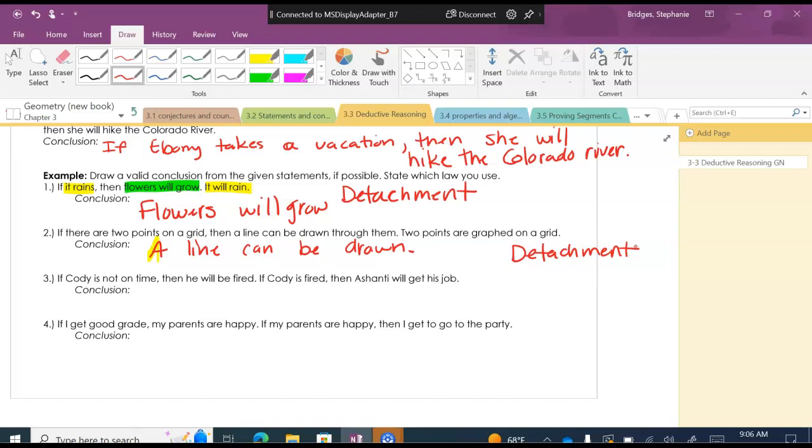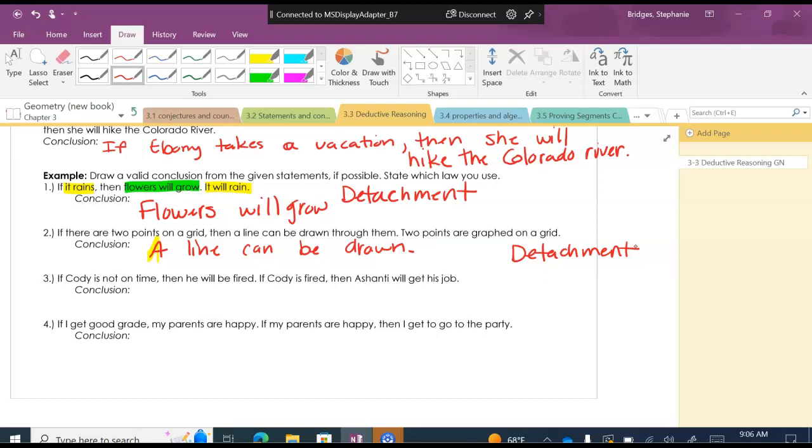Okay, let's read number 3. If Cody is not on time, then he will be fired. If Cody is fired, then Ashanti will get his job. That is syllogism because I have 2 full if-then statements.